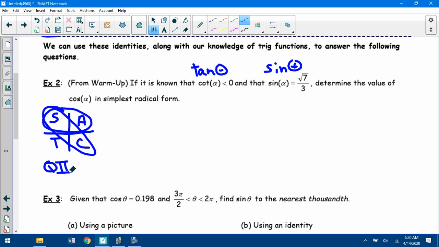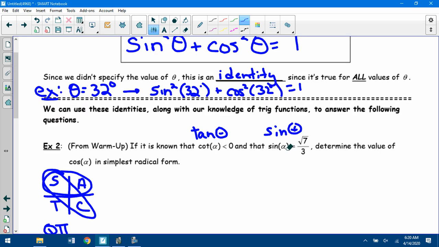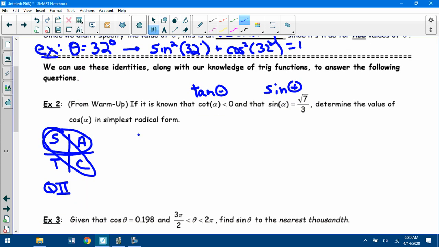Now instead of drawing a picture, I'm going to use this identity because I have sine and I want to find cosine. So it's alpha this time. I'm going to say sine squared alpha plus cosine squared alpha equals 1. Plug in what you know. We know sine is radical 7 over 3.